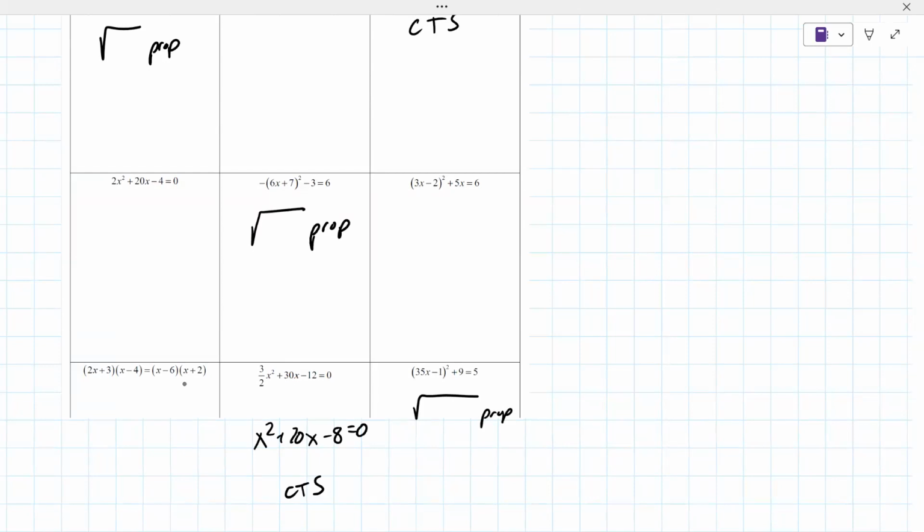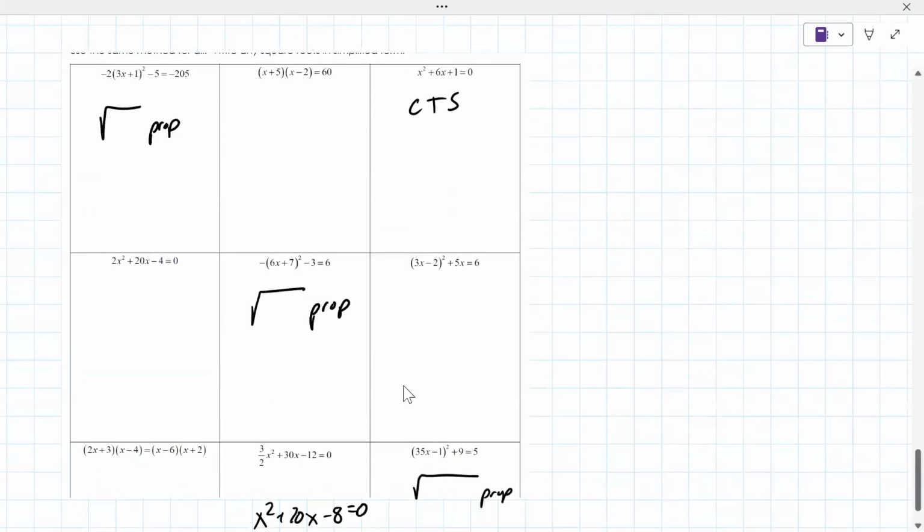By the way, if you scroll up a little bit, the middle third one, 3x minus 2 squared plus 5x equals 6. Wouldn't that be completing the square if you were to expand the squared? Let's take a look. So it's 9x squared minus 12x plus 4 plus 5x equals 6.